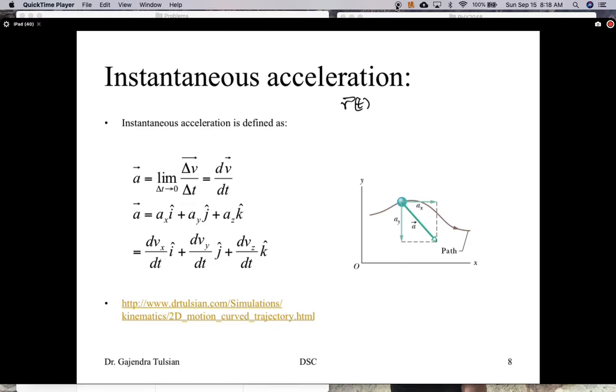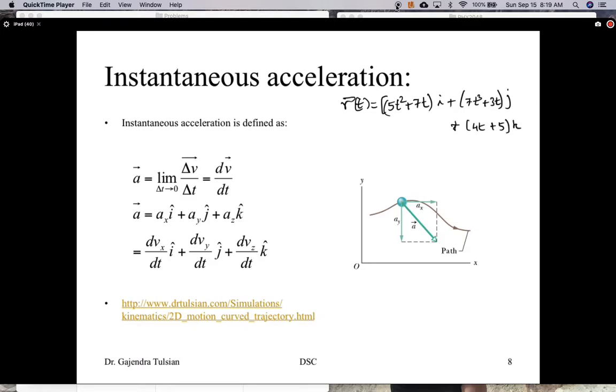r(t) is, so I'm just going to make up, 5t squared plus 7t i plus 7t cubed plus 3t j plus 40 k.